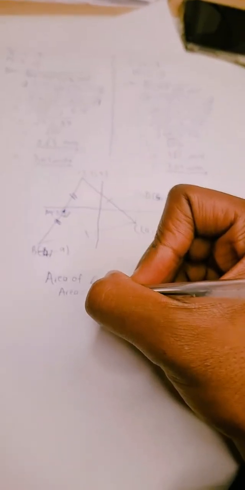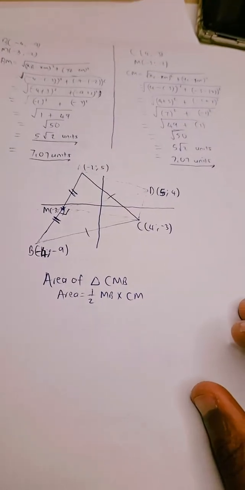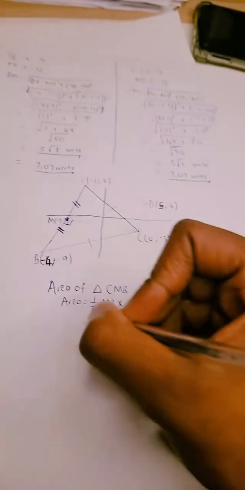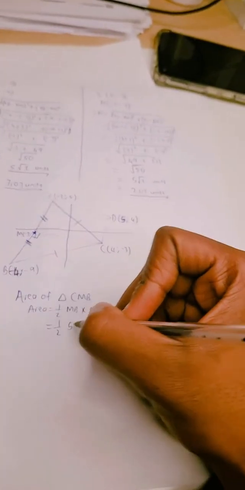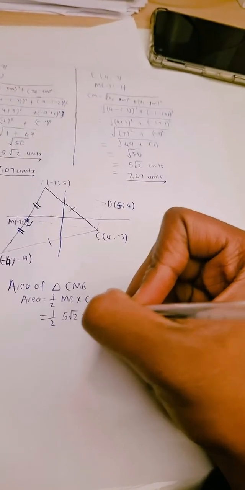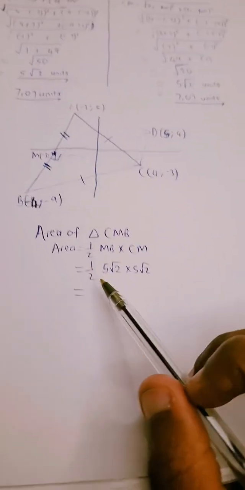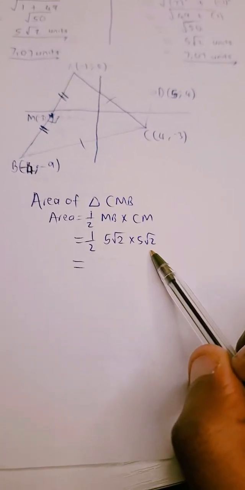Base would be MB times CM. So thankfully, we already have MB and CM, so we can just revert to 5 root 2 times 5 root 2. Okay, and what's half 5 root 2 times 5 root 2?